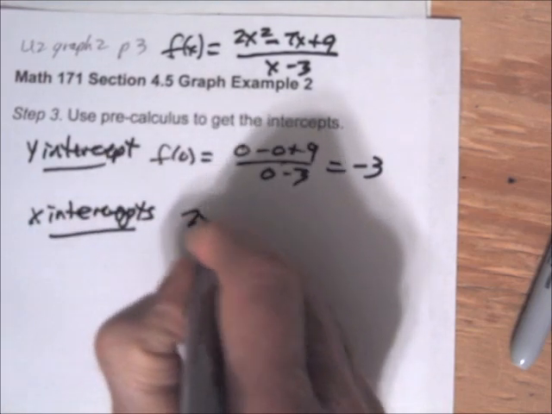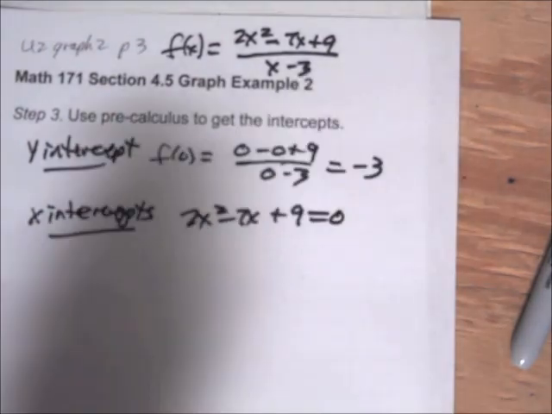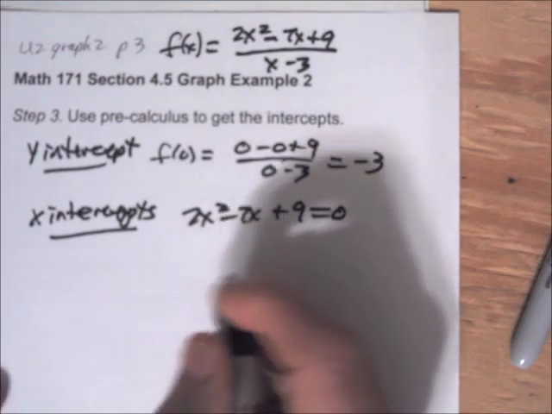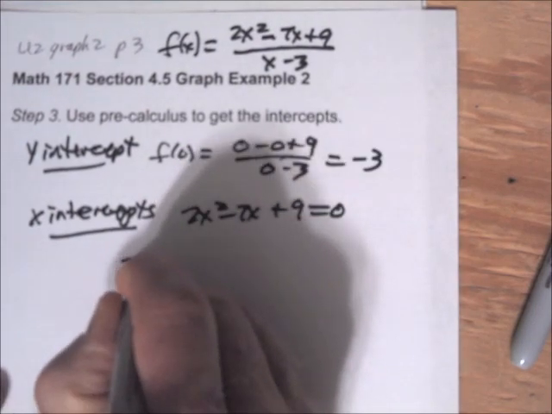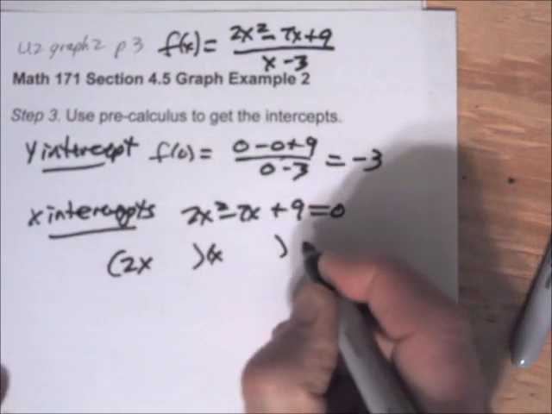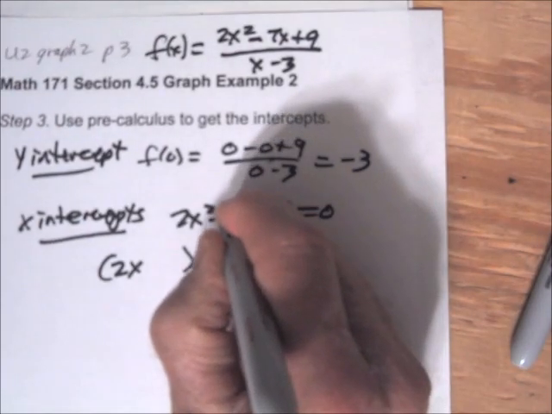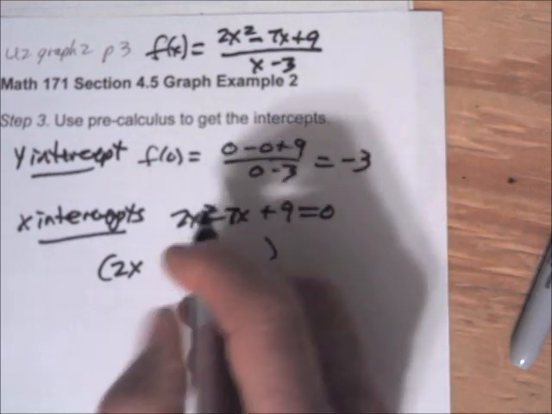So you want to solve 2x squared minus 7x plus 9 equals 0. And we could try to factor this. See if it factors: 2x times x will give us 2x squared. We need two numbers to multiply to 9, and the outer product plus the inner product has to give us 7.